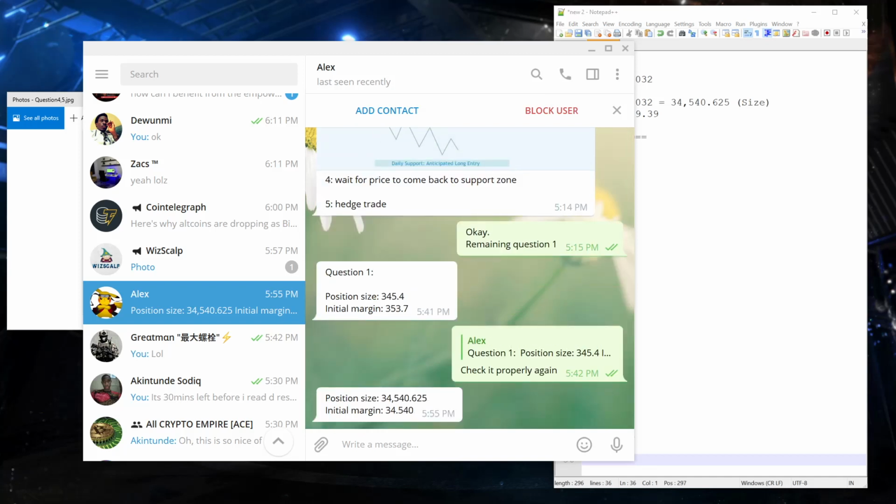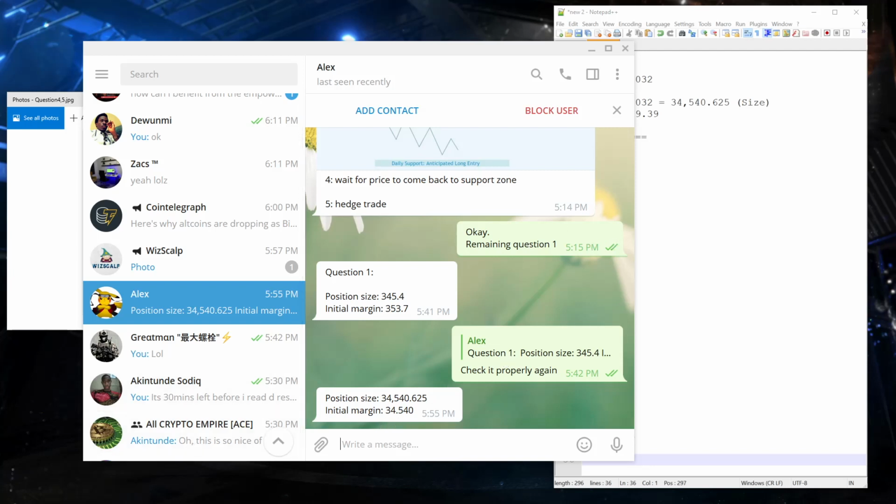Okay, now this. I shouldn't have said what I said there anyway. I said check it properly. But I believe because of the first numbers, which is 3, 4, 5, 40, we must have made a mistake here with the typo. So that was why I said you should check it properly. But then the position size is correct, but the initial margin is wrong. This initial margin might probably be right if you have used 100 days.